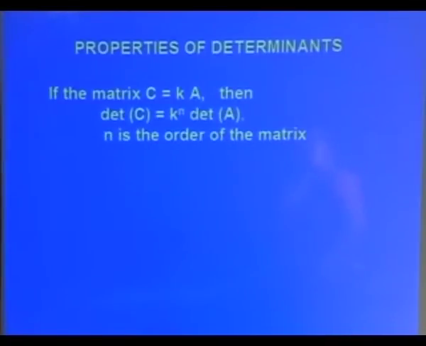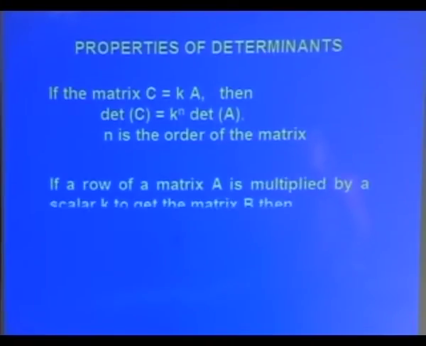Now if a matrix C is obtained by multiplying matrix A by a constant K, that means each and every row of the matrix A is multiplied by K, then determinant C is equal to K raised to power n times determinant A, where n is the order of the matrix.